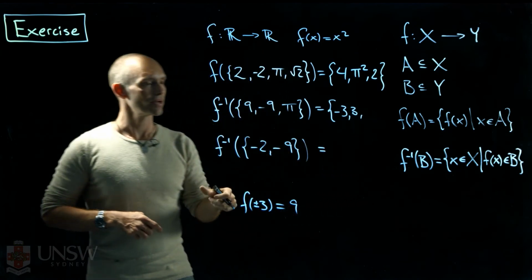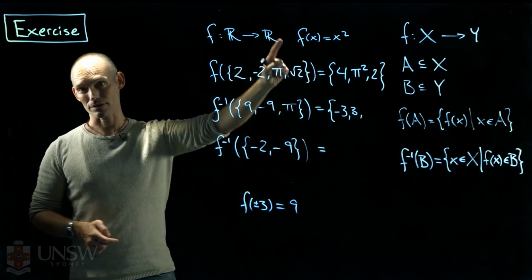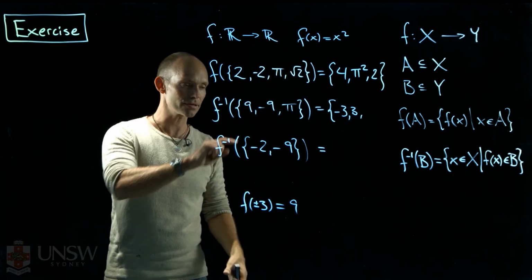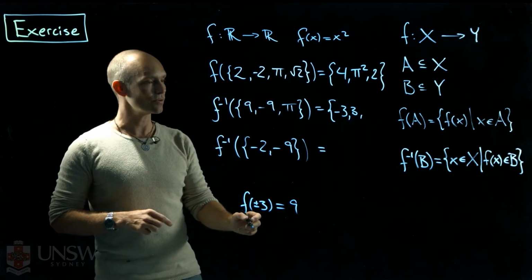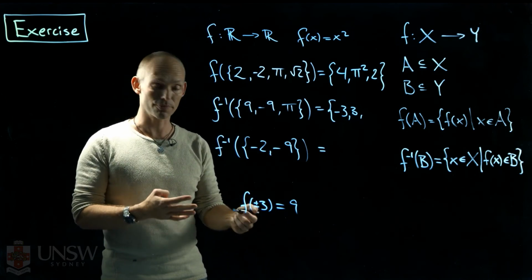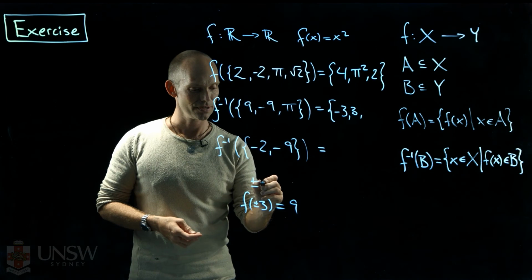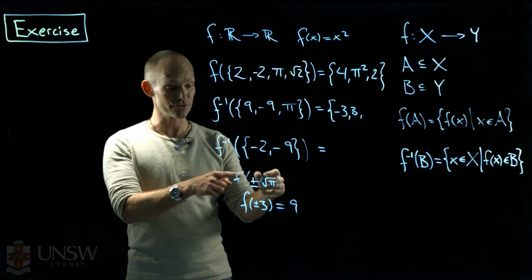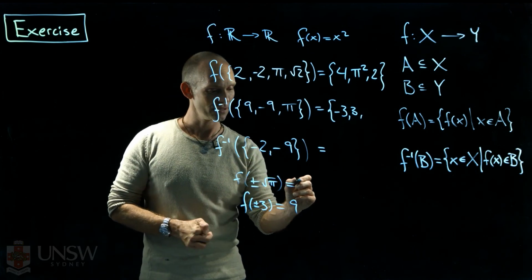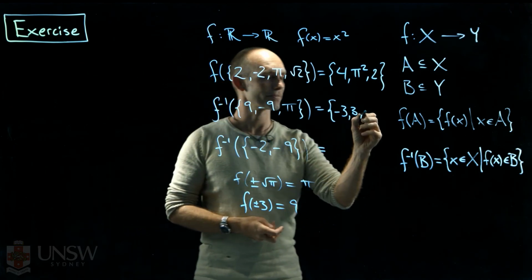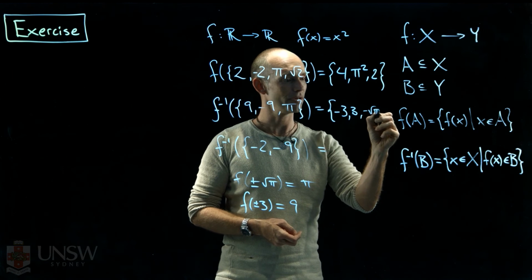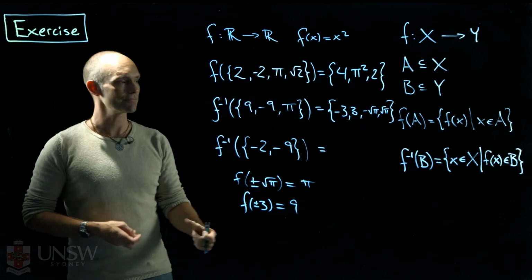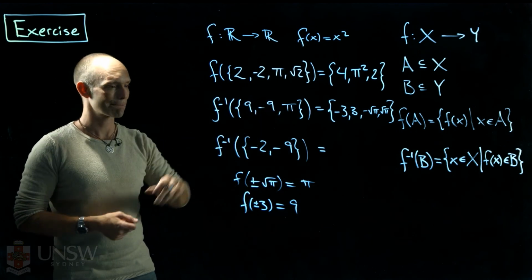What else do we have? Well, minus 1, we never get that as the square of a number, so we don't have to worry about that. Pi, what do we have there? Well, we have plus and minus root pi, so plus and minus root pi will give us, if we plug each of these into the function, just pi, so we have minus root pi and root pi. That's our inverse image.